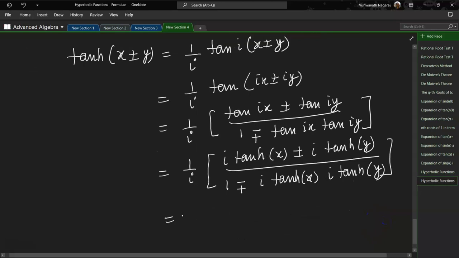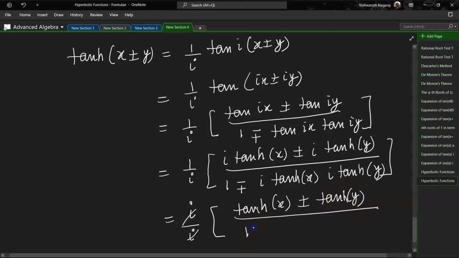Now here i is common, we can take it out. So i by i will cancel out. We'll be left with hyperbolic tan of x plus or minus hyperbolic tan of y by 1 minus plus, and this i square will become minus 1. So if it is minus, it will become plus. If it is plus, it will become minus.